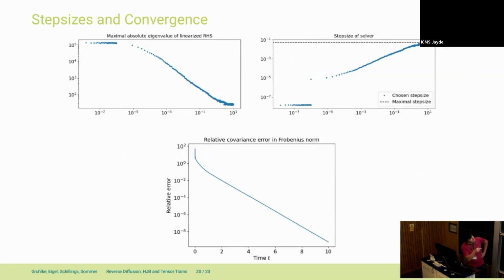Here is maybe a discussion I skipped a bit, about solving the time of our parabolic equation, or of the ODE: how the linearized right-hand side affects the eigenvalues and the step size choice, and how the step size evolves over time. And here it's to note that with these noising processes, you usually start with a very complicated density.